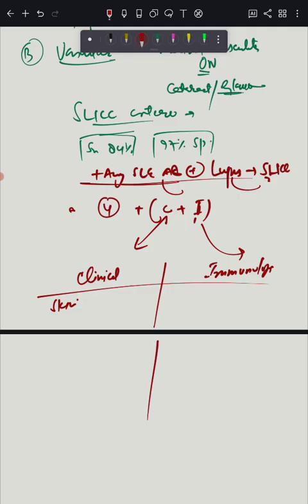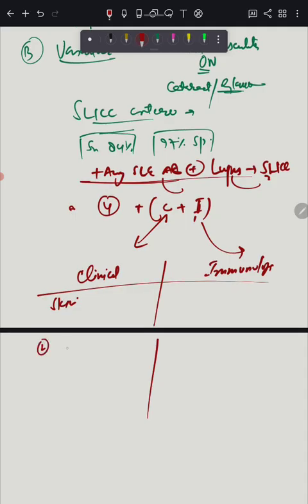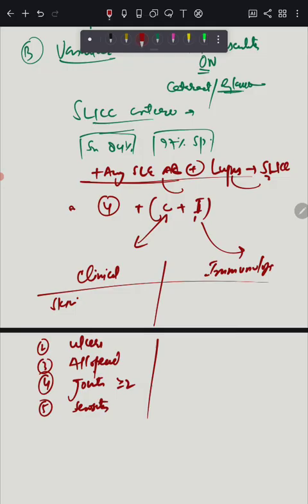And second can be the patient has ulcers, oral or nasal ulcers. Third can be alopecia, but that should be non-scarring alopecia. Fourth can be synovitis, so joints are involved, synovitis in greater than or equal to 2 joints. And fifth can be serositis, meaning pleurisy or pericarditis, if these things are seen.